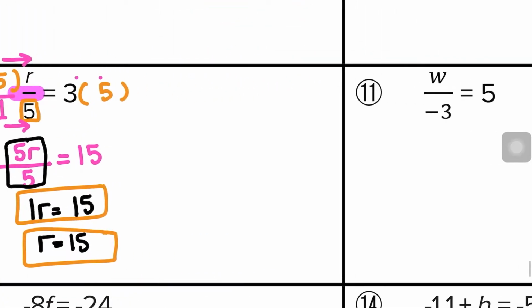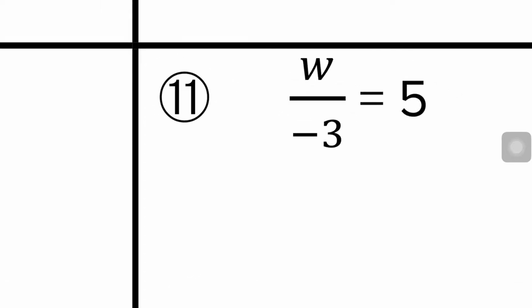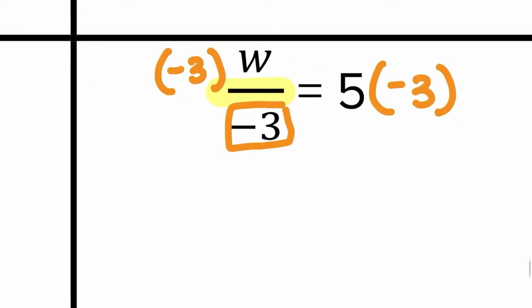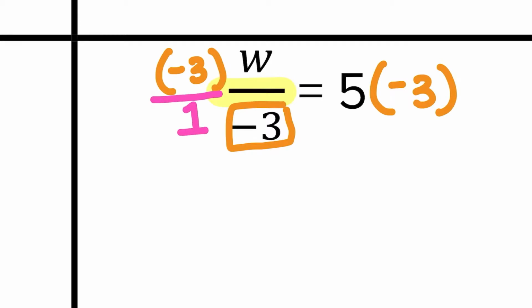Let's try another one. Number 11. So again, same steps. I notice that we are dividing, so the inverse operation is to multiply. Now I'm going to multiply by negative 3 because that's going to give us a coefficient of 1. So let's see if that's true. Remember, there's always a 1 under this integer.